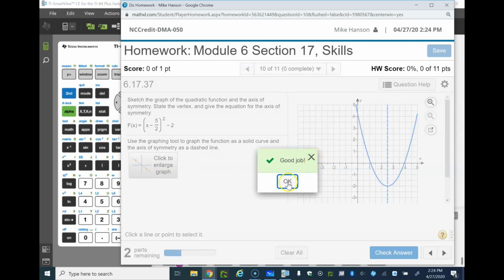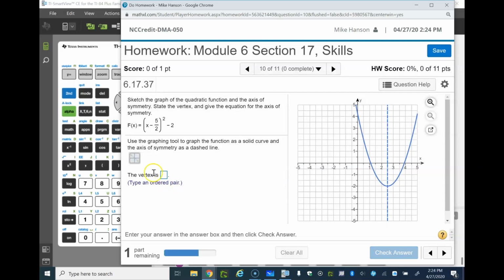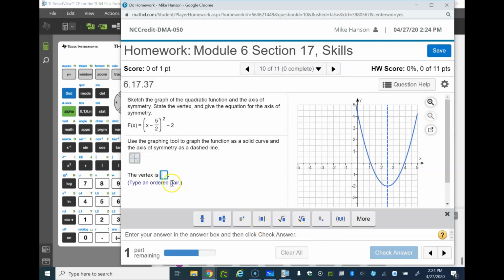Good. All right. So the next part is to take the vertex. You can actually type in the parentheses and stuff, but you can just use this right down here. We're going to put in 2.5. Or you can put in 5 over 2. It would have both counted right. Negative 2 for the, oops, it's not in the box. If it's not in the box, you have to redo it, because it's not going to like that.